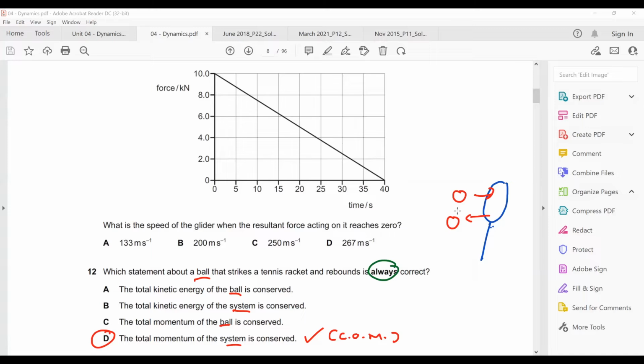When the ball strikes the tennis racket and rebounds, the collision can either be elastic or inelastic.